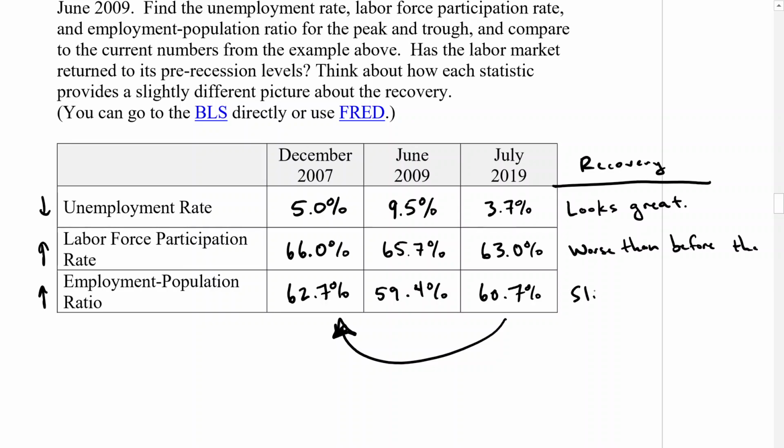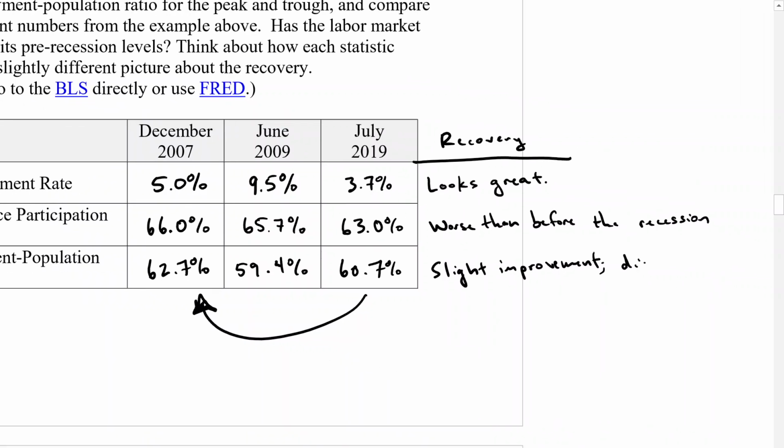So slight improvement, but did not hit pre-Great Recession levels.